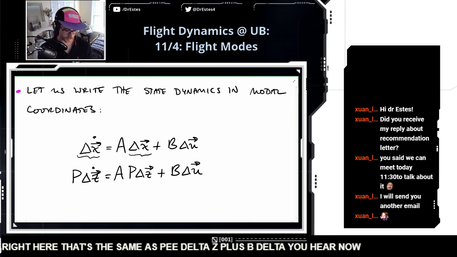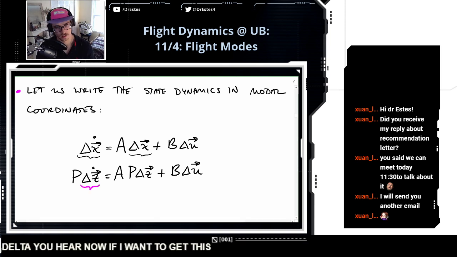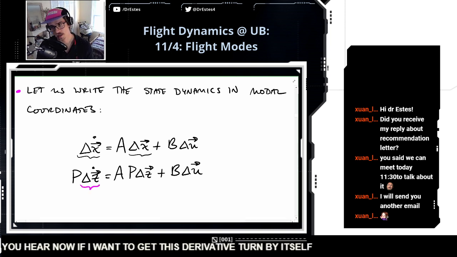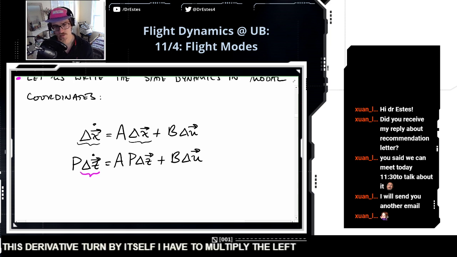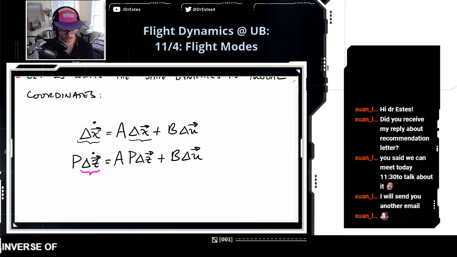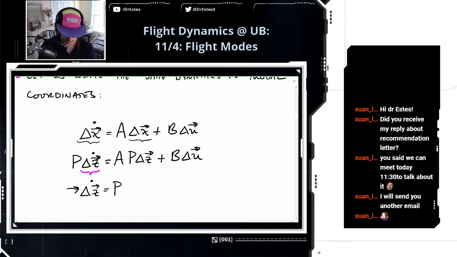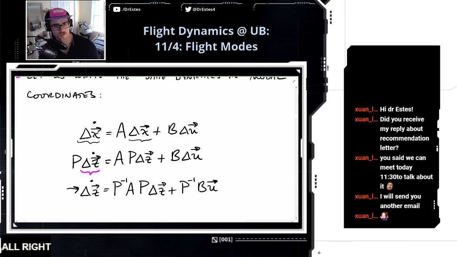Now, if I want to get this derivative term by itself, I have to multiply the left and right hand sides by the inverse of P. All I did was multiply by the inverse on both sides.